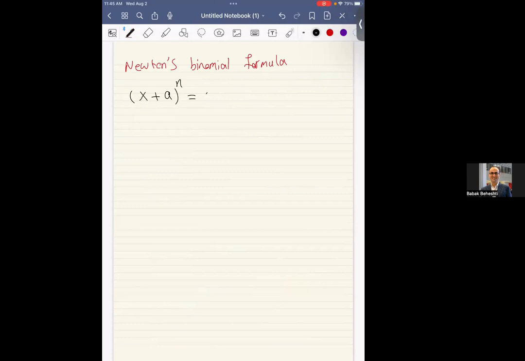This is equal to x to the power n plus n choose 1 times x to the power n minus 1 times a, plus n choose 2 times x to the power n minus 2 times a squared, and so on.